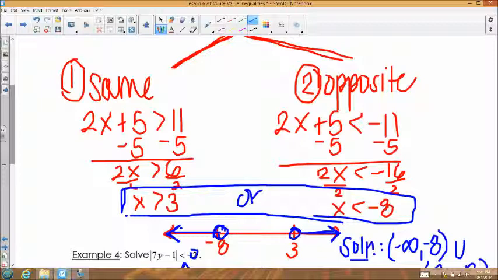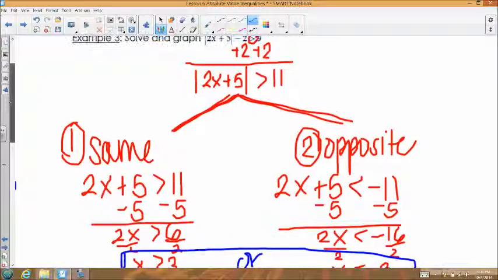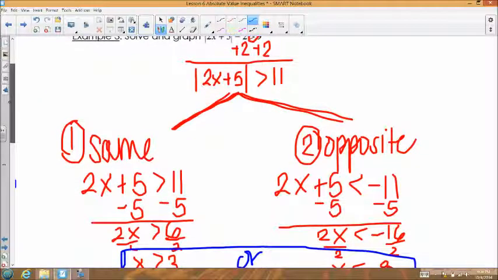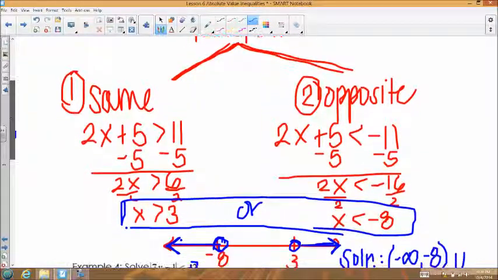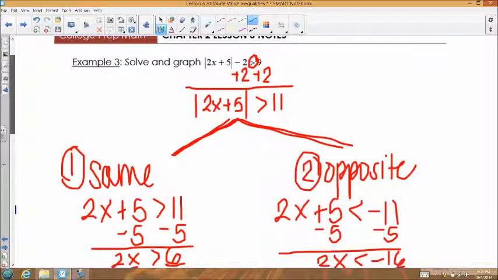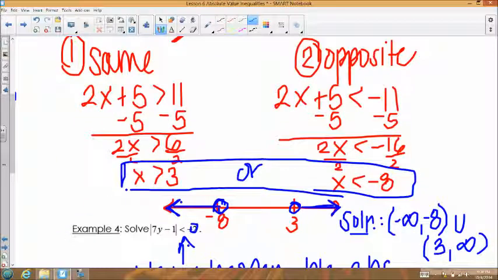So if I pick any number bigger than 3, it should work in my original inequality. If I picked 4 and plug it in, I would have 2 times 4 gives me 8, plus 5 gives me 13, 13 minus 2 gives me 11, which is bigger than 9. So it should always work out if you pick some value. That's how you check your solutions.